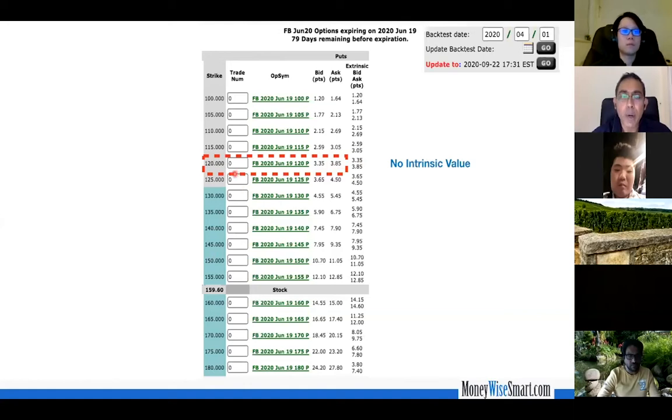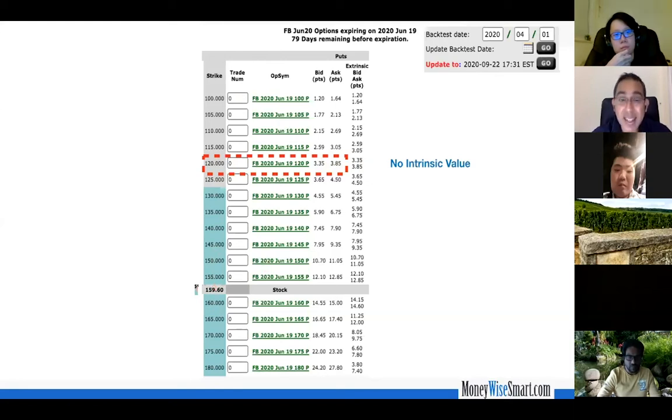And the protection that these options offer is that for someone who owns the Facebook stock, let's call it $160, even if Facebook goes bankrupt, the maximum that this person will lose is just $40 and not the entire $160.